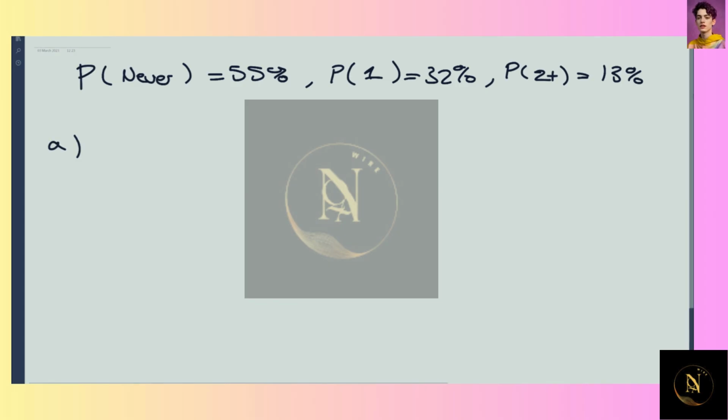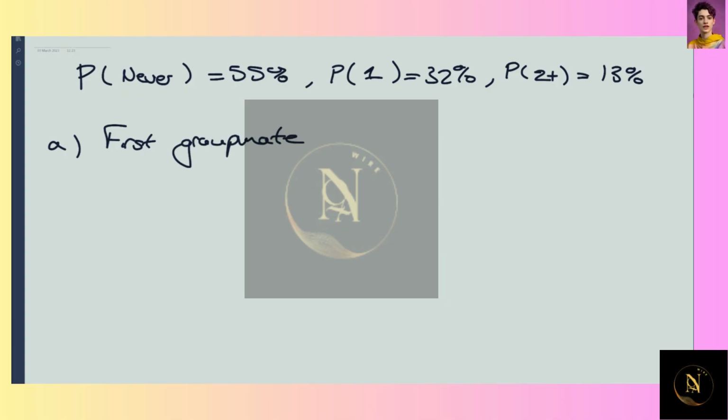Okay, so now part A. What's the probability that the first group mate you meet has studied the following? Well, the first group mate is a random member of the population.